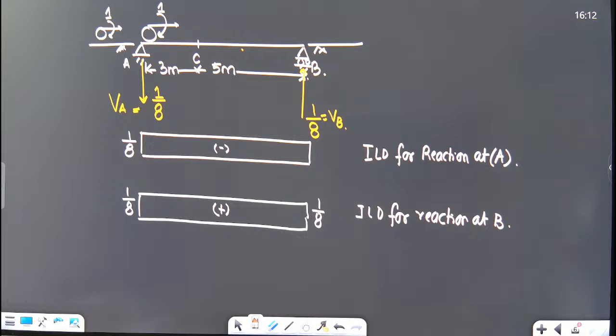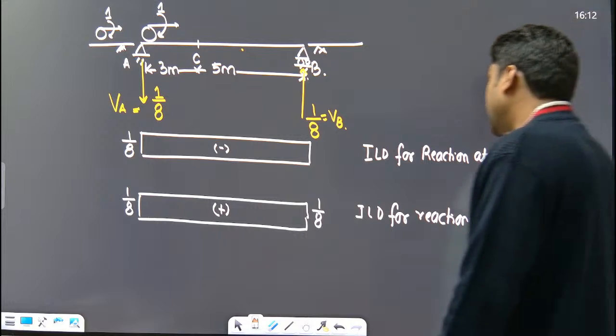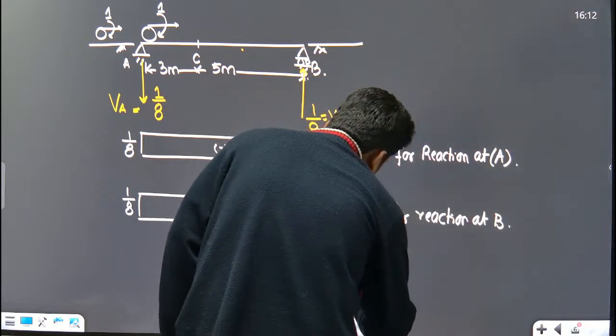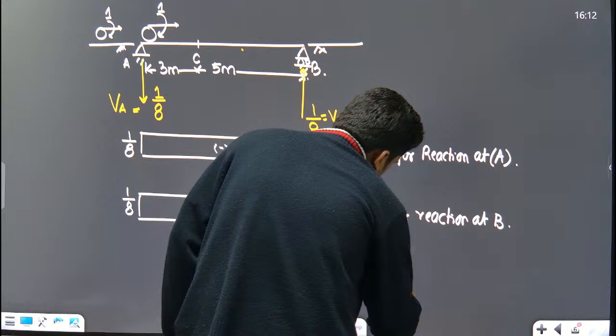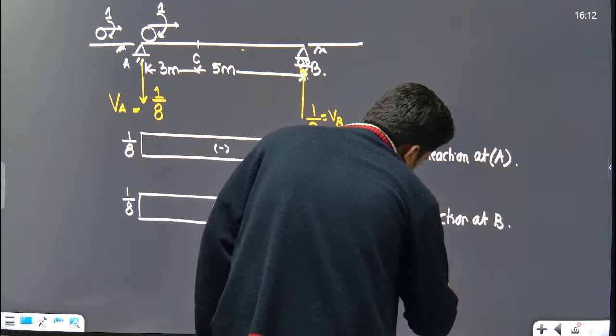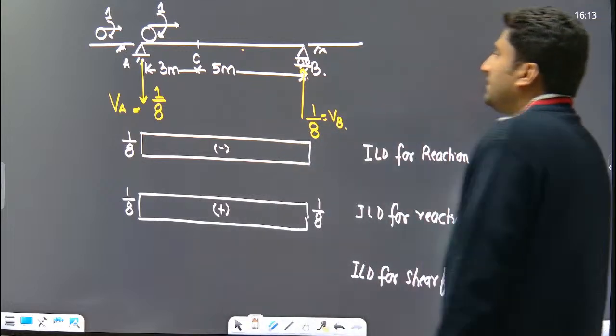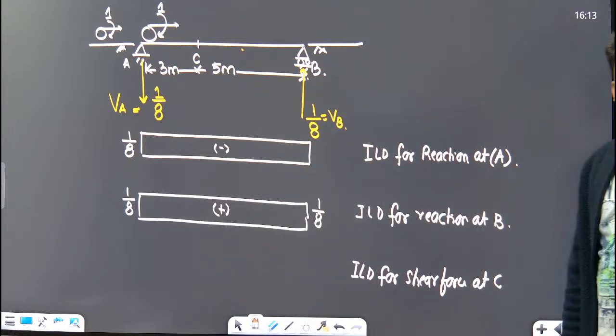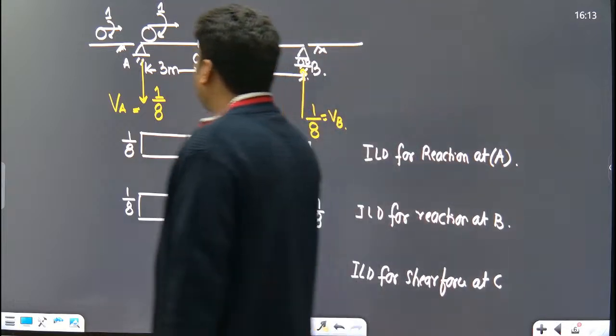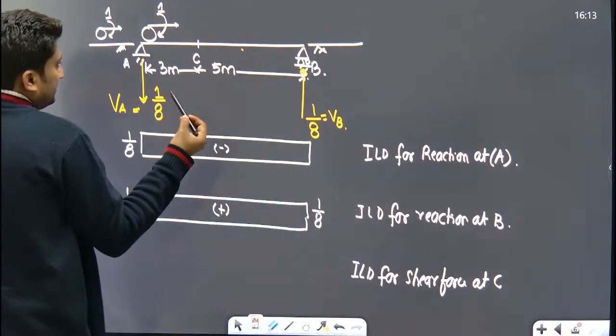Clear? Now the third concept, ILD for shear force at RHS of A. ILD for shear force at C. Now look, you need to draw the ILD for shear force.